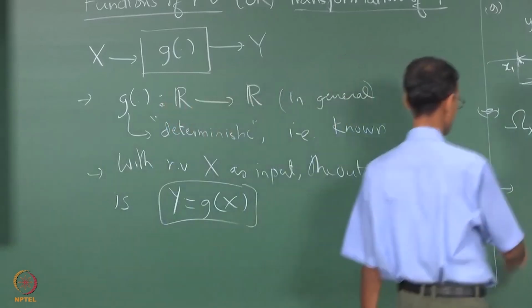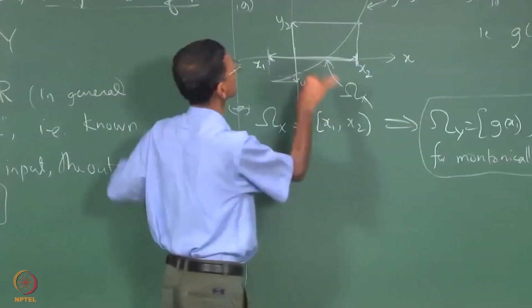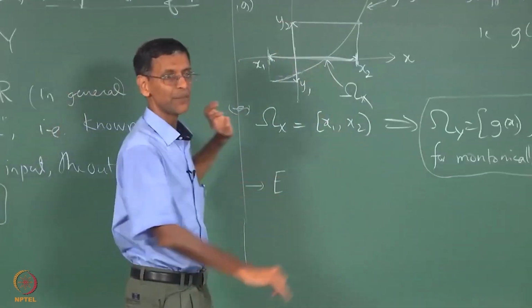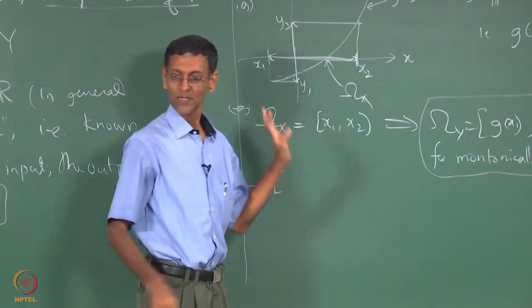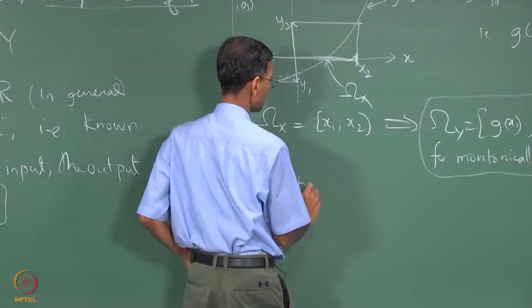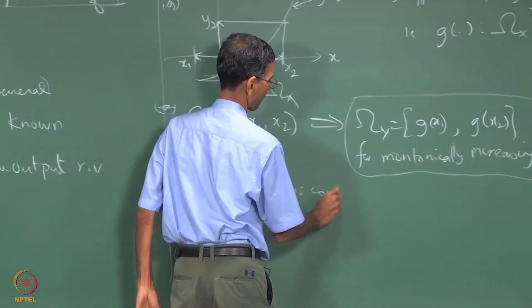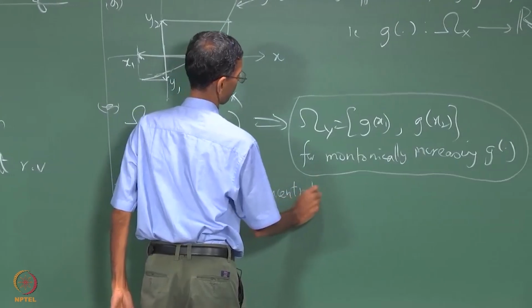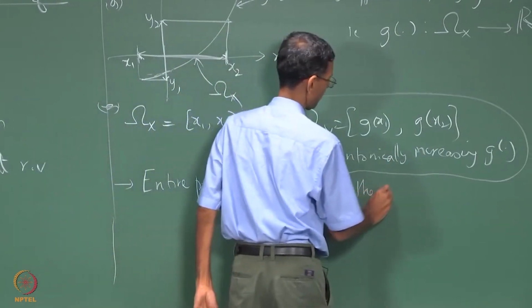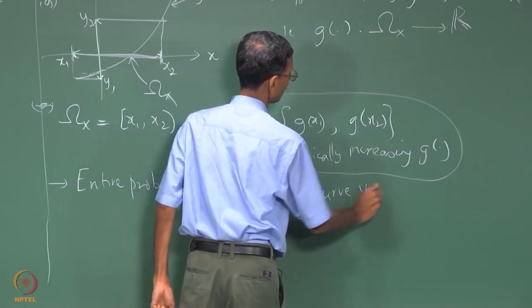So, no matter what g is, going up and down or monotonic, the entire probability is concentrated on the curve y equal to g of x.